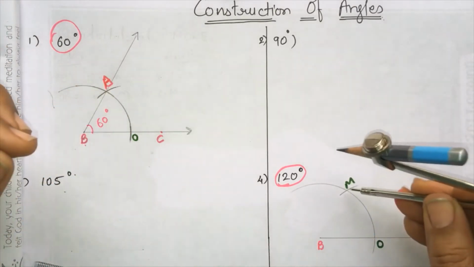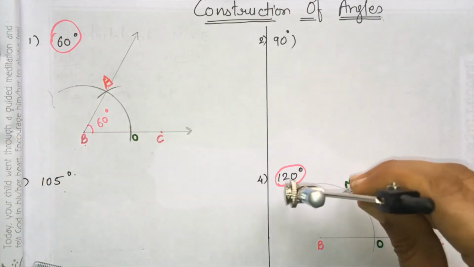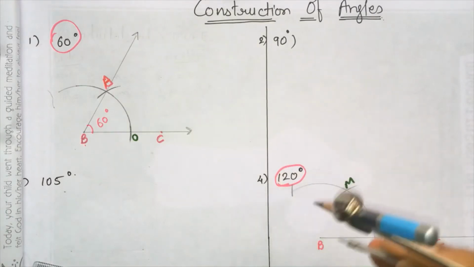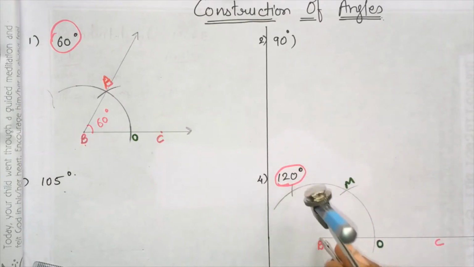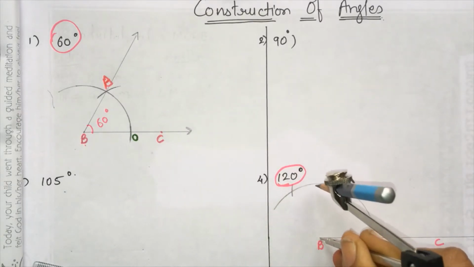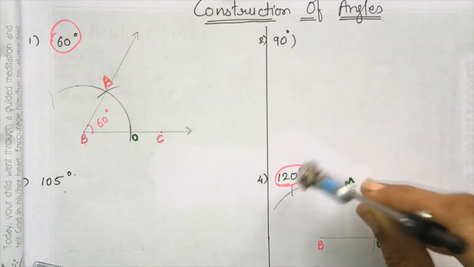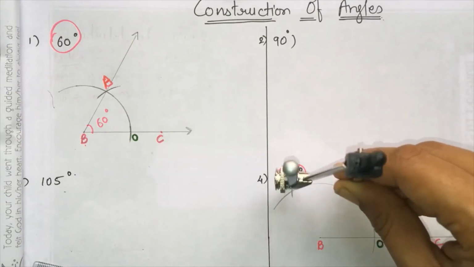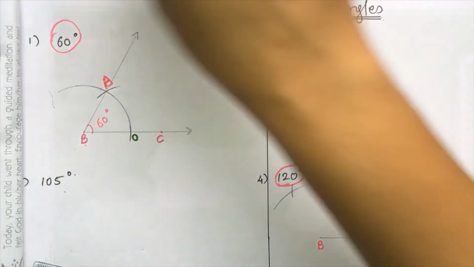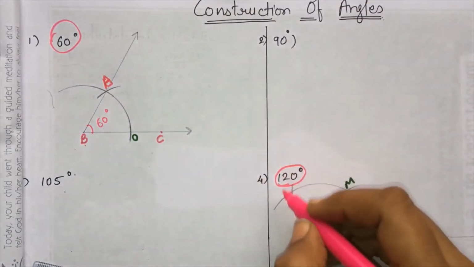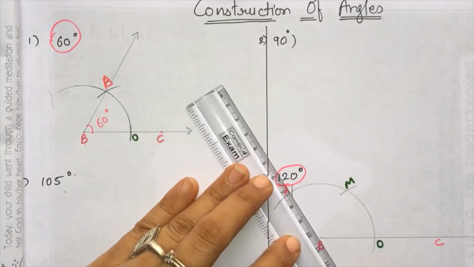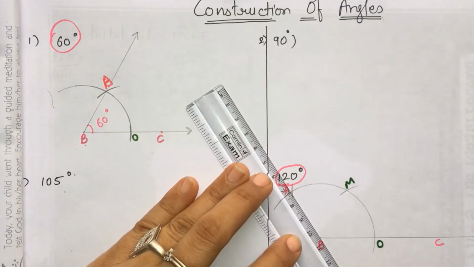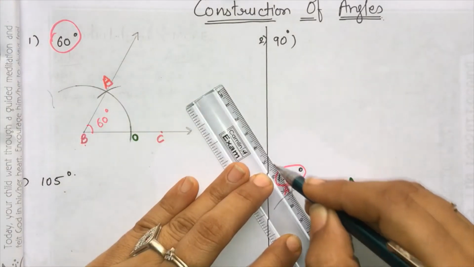Next, taking M as center, we will draw another arc which will cut the previous one, and if it is not intersecting then we can extend it from B as I have done. So now from M we have already done the arc which is intersecting the first one, and we are going to name it as A. So now we are going to join this AB and extend this ray BA.